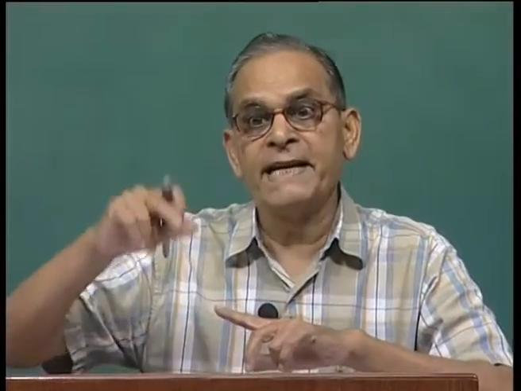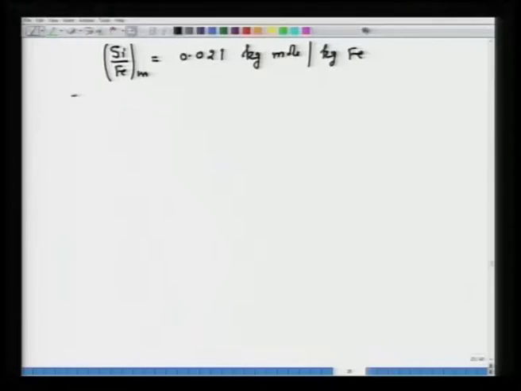Now, in case C we have to add the enthalpy required to raise the temperature of silicon from 298 to 1800 Kelvin, and the enthalpy required to raise the temperature of manganese from 298 to 1800 Kelvin. So, we need the enthalpy of manganese, and we need the enthalpy of silicon.